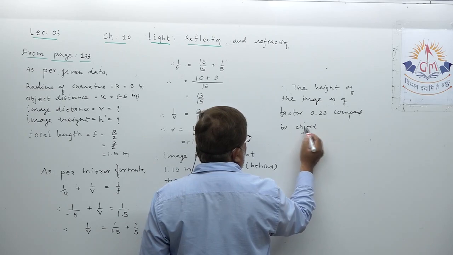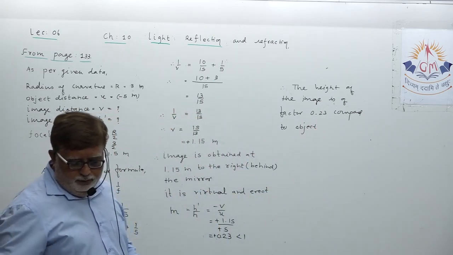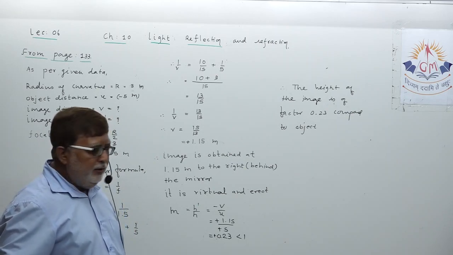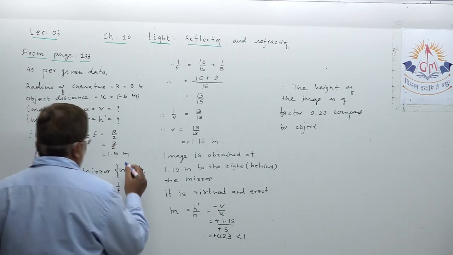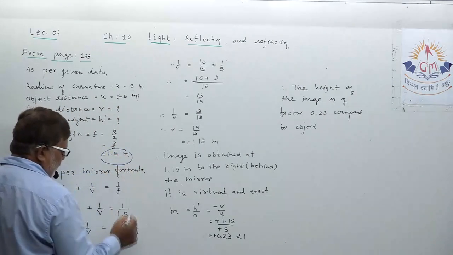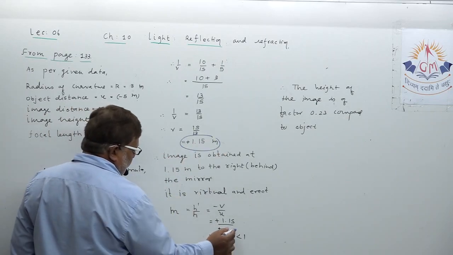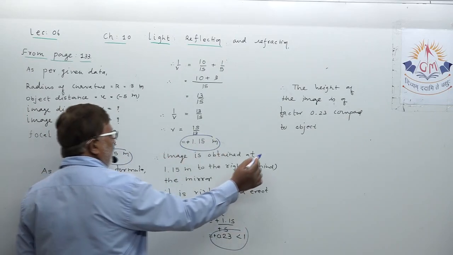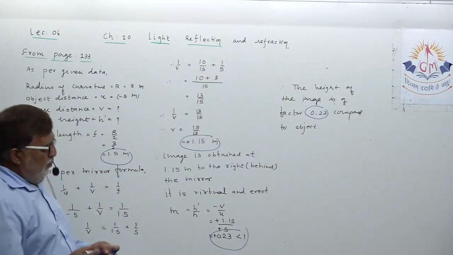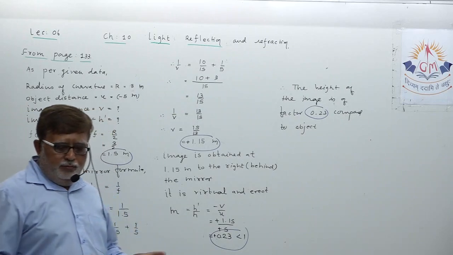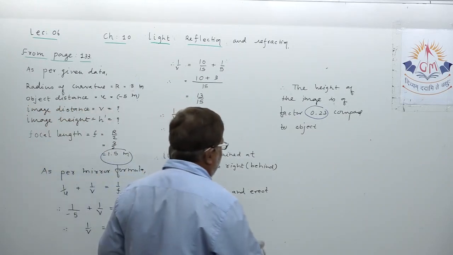Compared to object, that means, dear student, some of the points I want to make very clear in your mind. What does this factor mean? See, f positive always, then v you will get positive, m you will get positive, and what does it mean by this particular number, which is less than 1?